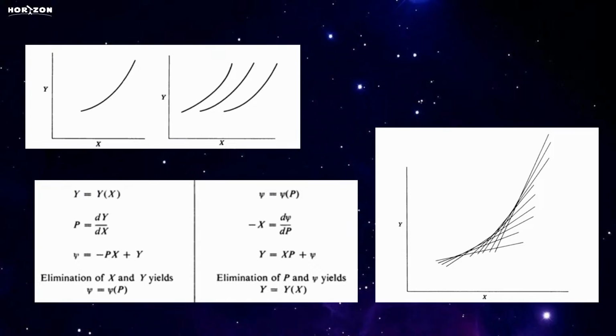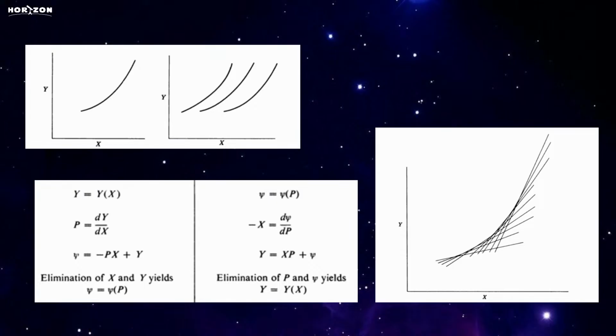If you think about it, every point on a curve has a unique tangent. Every tangent line will have its unique equation y equals mx plus c, and these m and c will be unique for each tangent. So for each point, I have a unique tangent which has a unique equation.